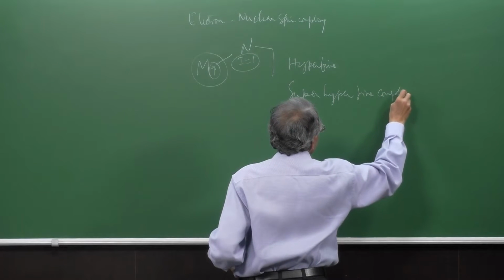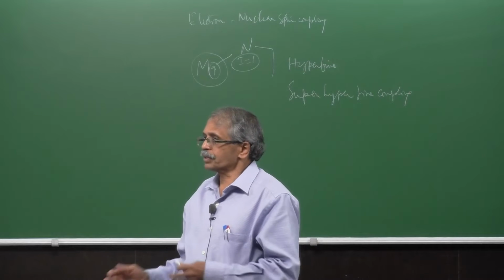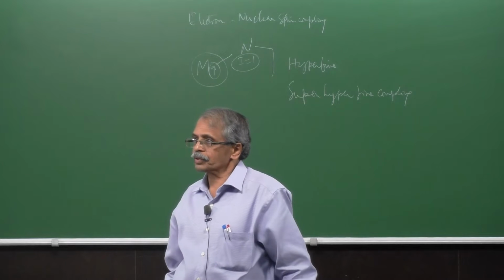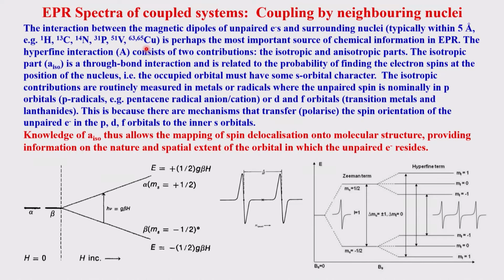So if you have an unpaired electron which is connected to atoms like 1H or 13C or 14N, 31P, vanadium 51, copper, many others, it is not just these 5 or 6, perhaps the most important source of chemical information in EPR.